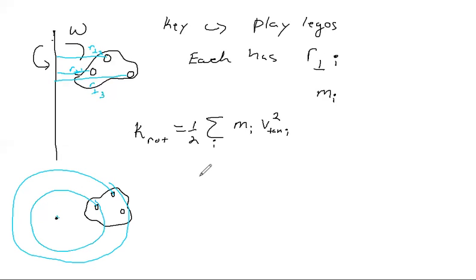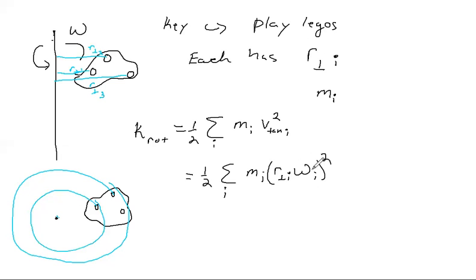So I could write this as one-half sum over m_i, and I would say, well, remember the tangential velocity is r times omega, so I could write that as r perpendicular_i times omega_i squared, and I would sum over i for all the little pieces of mass.